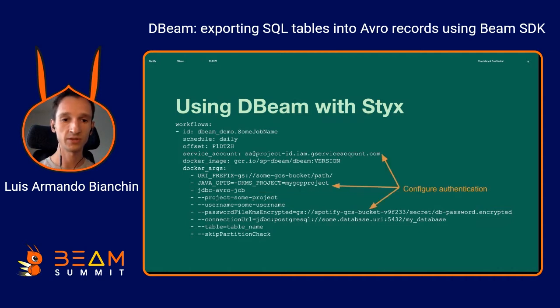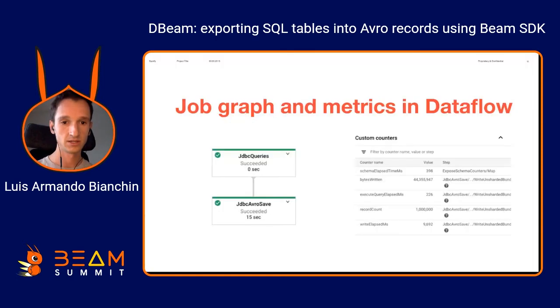And we also configure the authentication to use a service account, so that it can connect to the database, or also decrypt secrets for the password to the database. And it also is authorized to write to Google Cloud Storage buckets and to trigger the Dataflow job. So it has all these permissions.